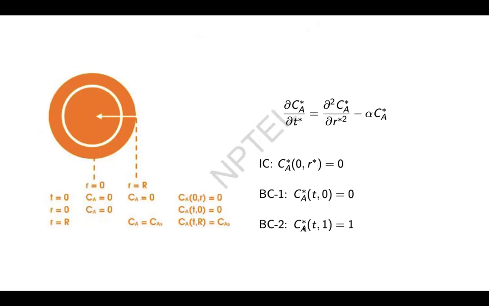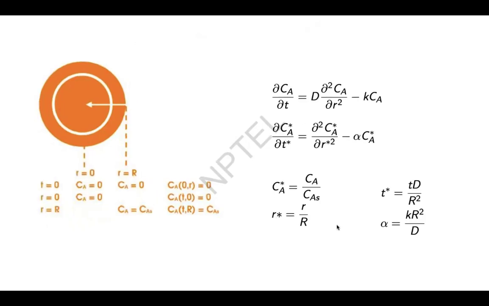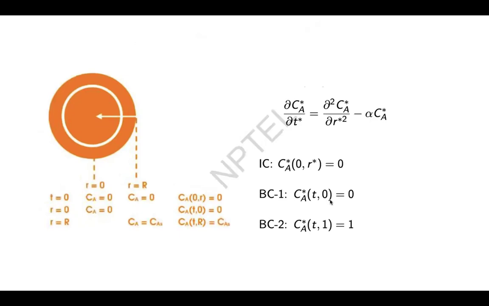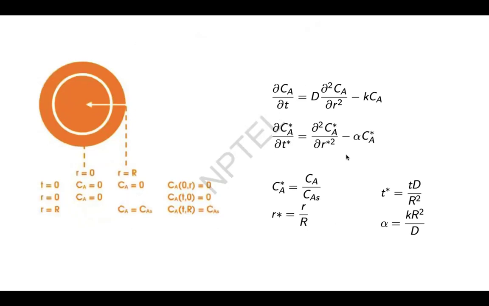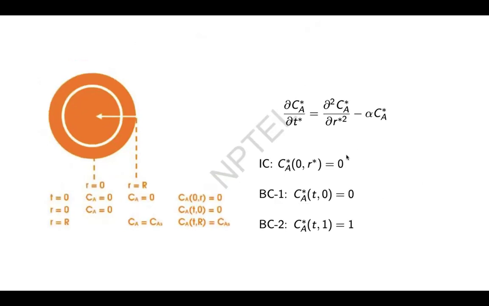So you write your equation like this: CA star for any time, and instead of capital R, you write 1 here, and that is equal to CAS. But CAS is what? If you substitute CA to be CAS here, you get CAS by CAS, and CA star will become 1. So that is what you write, 1. But one correction: here T also should be T star. Is this clear? How did we convert these boundary conditions into dimensionless boundary conditions?